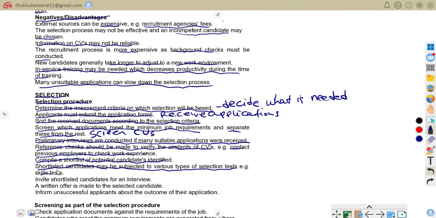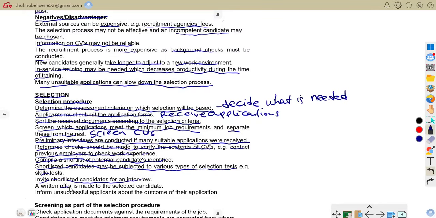Then there is the final interview. Candidates are interviewed by a manager. Invite shortlisted candidates for an interview. Here we are talking about the final interview.